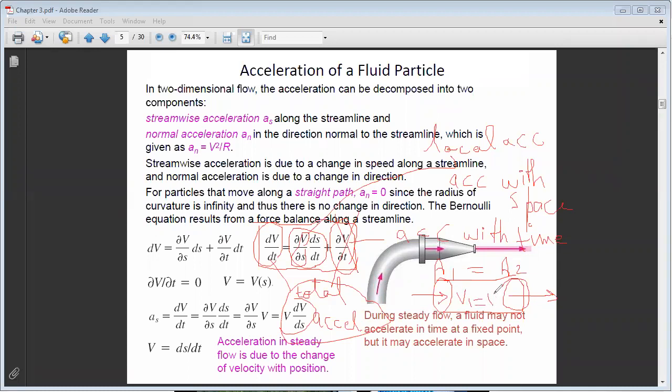So for the steady flow in a pipe, nothing is changing with respect to time and nothing is changing with respect to space, because if you move along this line, you will have the same velocity everywhere. In this case we have zero acceleration: no acceleration with time, no acceleration with space.